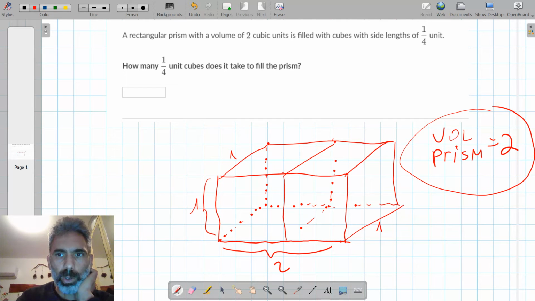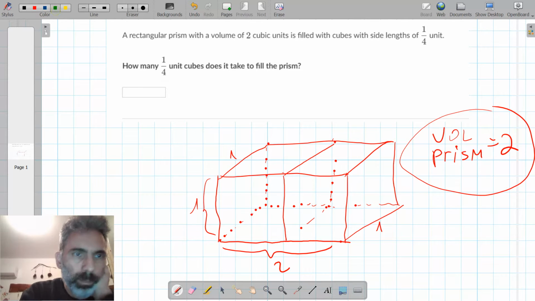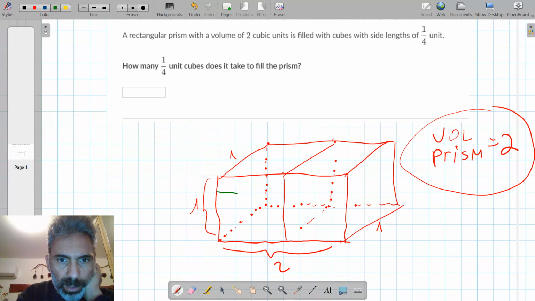Okay. And now we have small cubes, these small cubes have a side length of 1/4 of a unit.